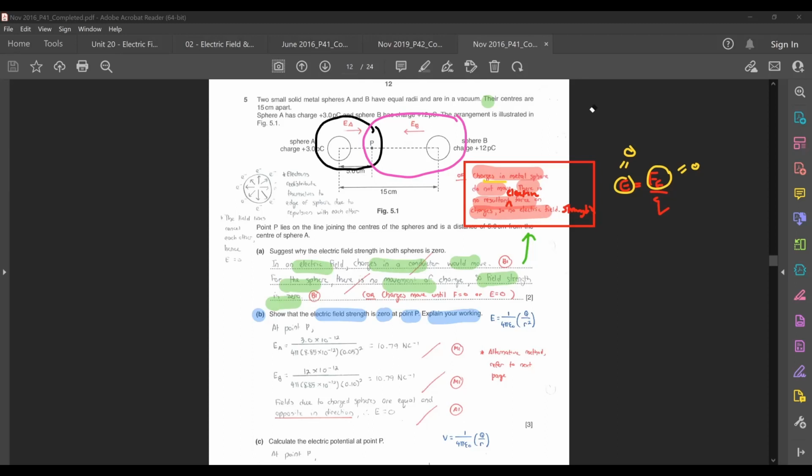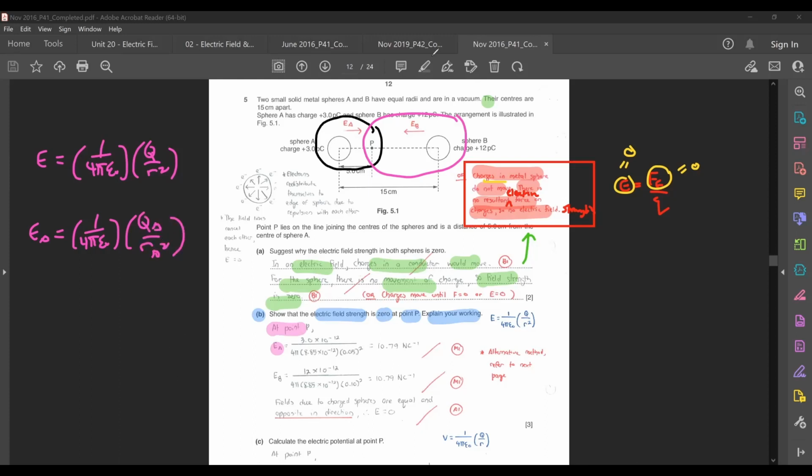If you're talking about the field strength at point P due to A alone, if you use the equation 1 over 4 pi epsilon naught Q over R square, EA would be 1 over 4 pi epsilon naught QA over RA square.